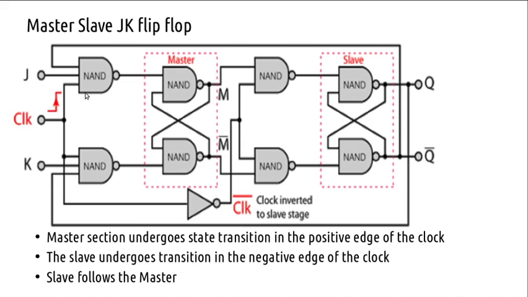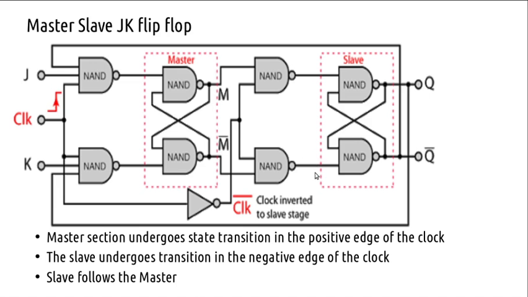So master undergoes transition at the positive edge of the clock, and then what happens? The master outputs are given to the slave, and the clock comes here at the negative edge, which is complemented here. You will get a transition here again, and the output undergoes transition over the full duration of this clock pulse.